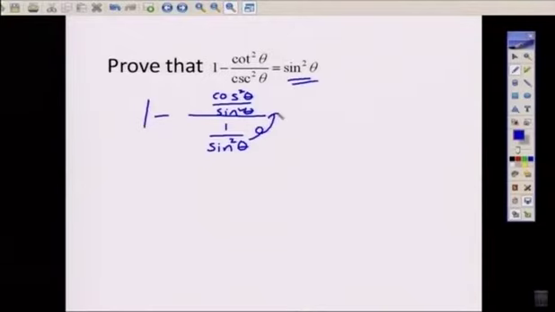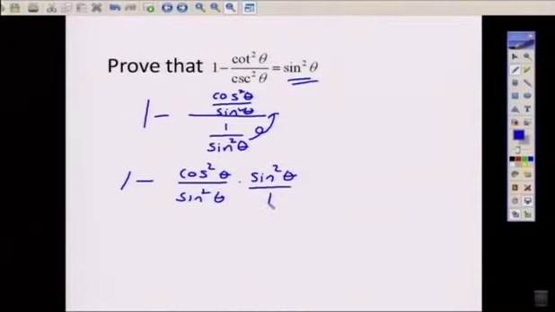So if I do my invert and multiply, we have cotangent, which we expressed as cosine over sine, each squared, multiplied by sine squared theta over 1 by inverting the denominator up. The sines cancel, sine squareds, so I get 1 minus cosine squared theta. Now, we want to show or verify or prove that that is equal to sine squared.